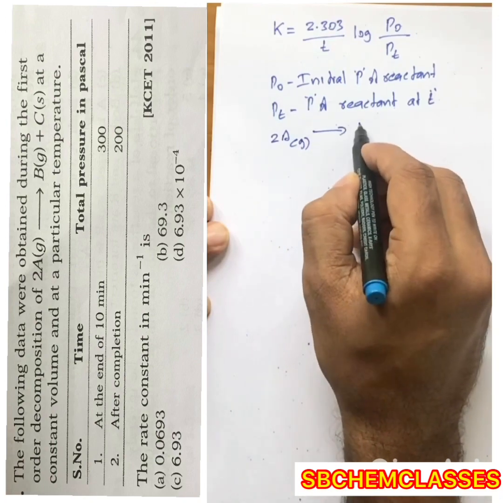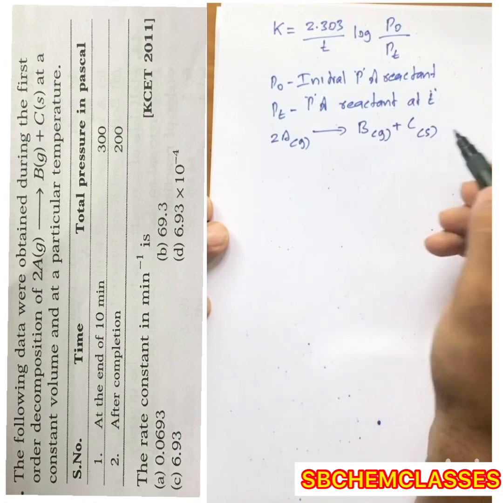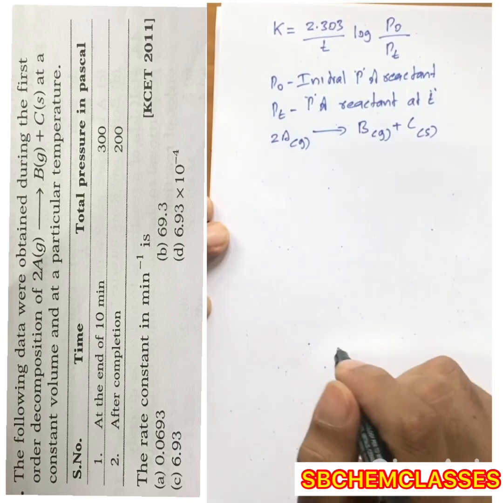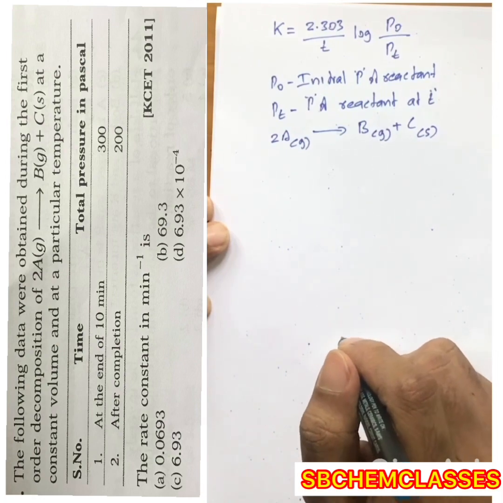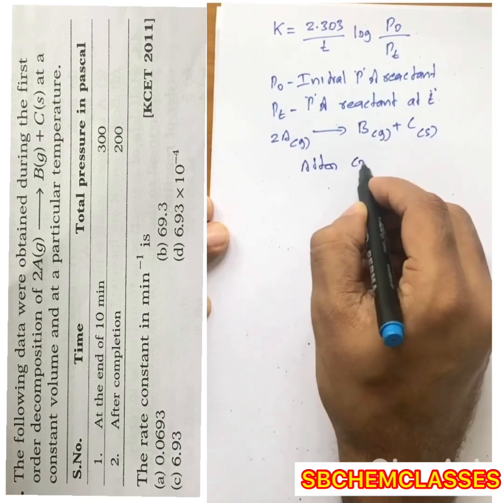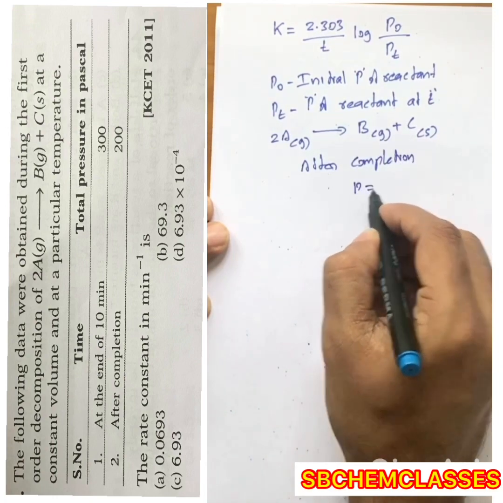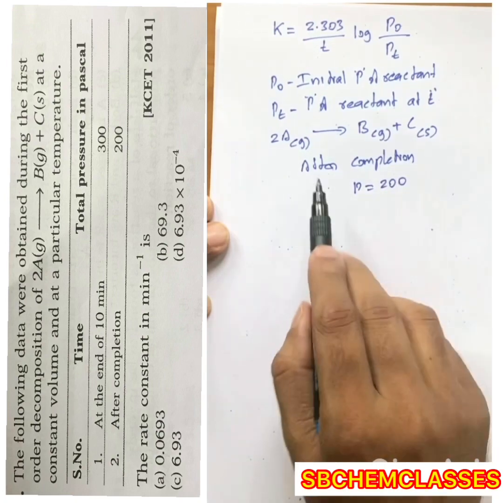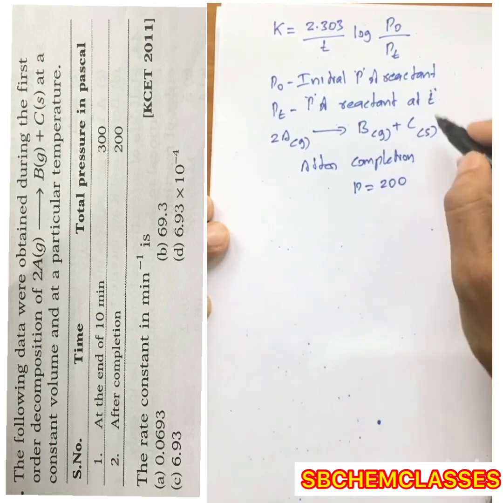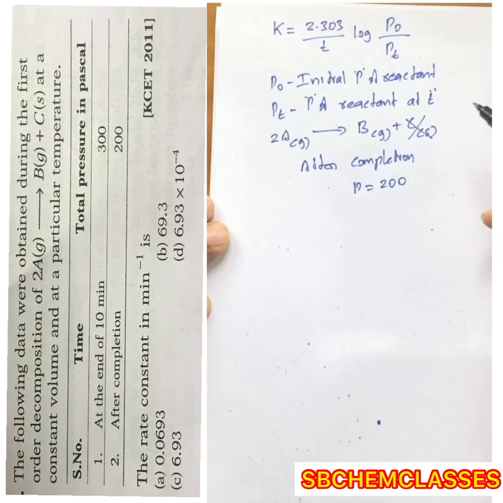2A gas becomes B gas and C solid. After completion, the pressure equals 200. In this question, C is solid, so it is not considered; it does not exert pressure.